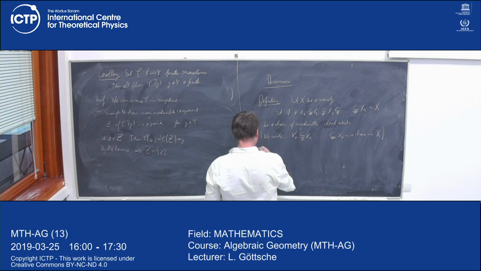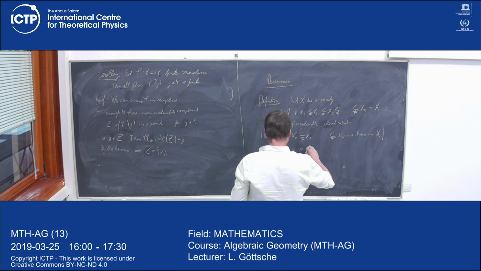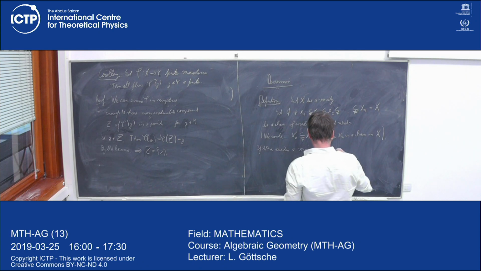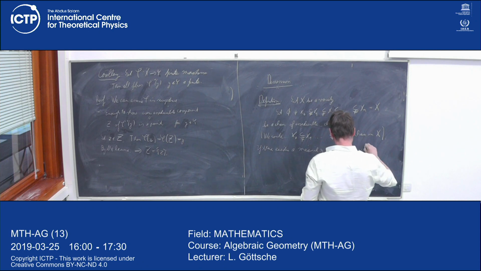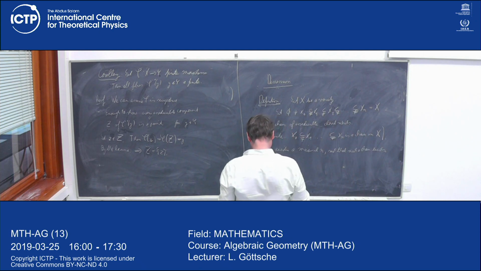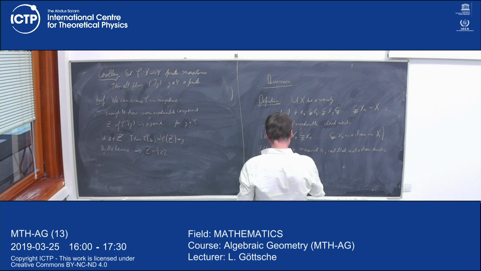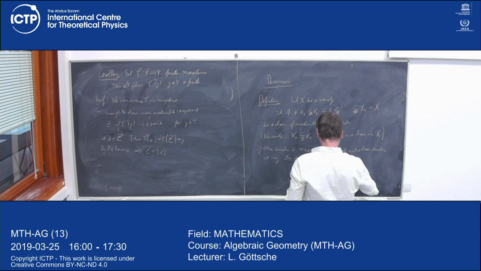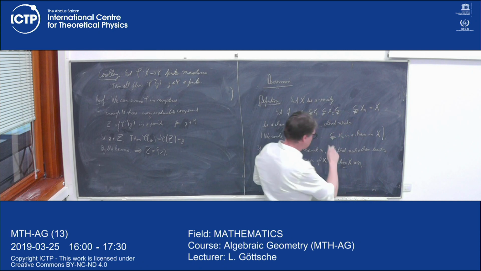If there exists a maximal n such that such a chain exists, we say the dimension of x is equal to this number n, the length of the maximal chain.